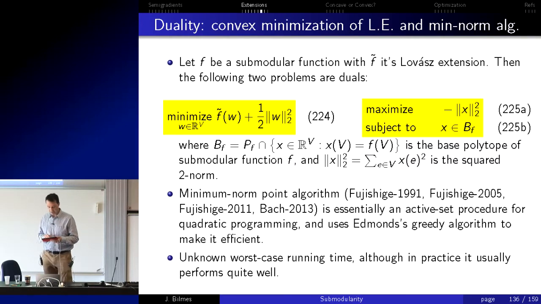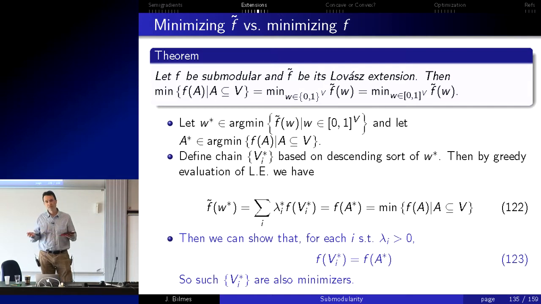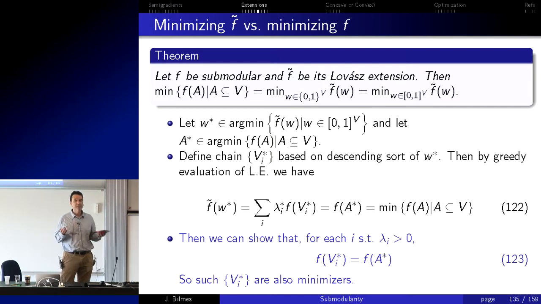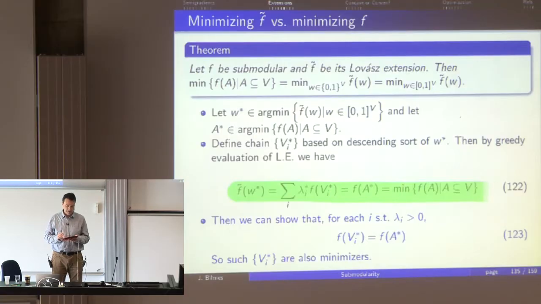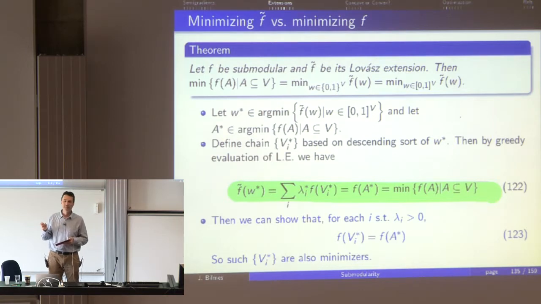But one thing that's very interesting, however, is that we can use the Lovász extension to minimize the submodular function based on just minimizing the Lovász extension. And then once we have a solution, what this set of equations shows you is that it's very, very easy. Like you might get a continuous solution, and usually when you do a continuous extension of some sort, you have to round the solution.